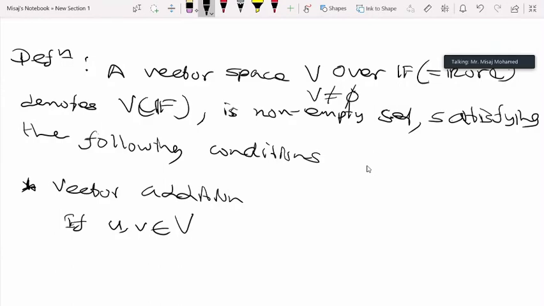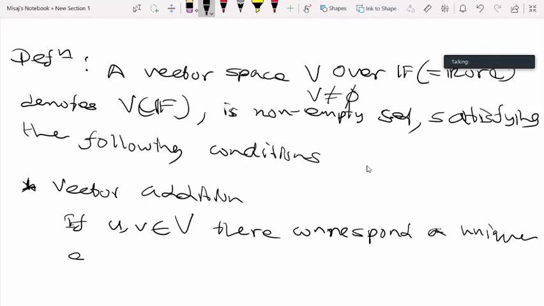If U and V are from V, they correspond to a unique element U plus V in V. Right?